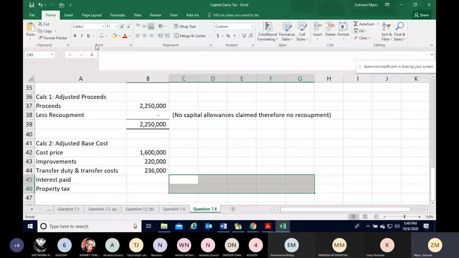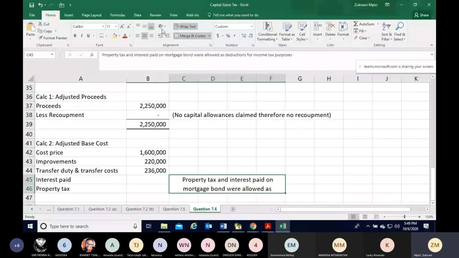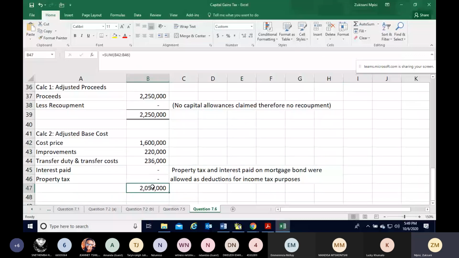In your solution, you are going to specify the reasons why you are not including these ones. This becomes your reasoning, that these were not allowed. So we're going to have them here as 0, 0. And therefore, your cost price total becomes 2,056,000.